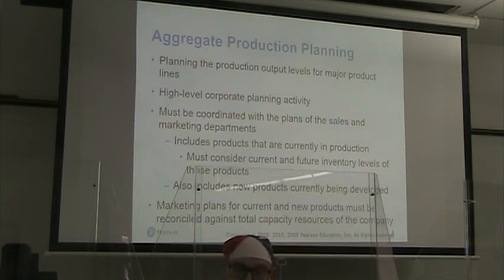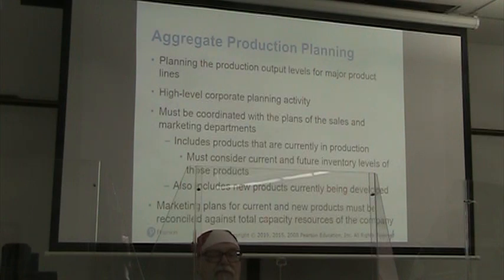All right, so our aggregate production planning means we're planning the production outputs for major product lines. This is a very high-level corporate planning activity, and it has to be coordinated with the plans of the sales and marketing departments.